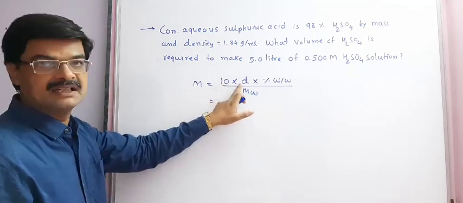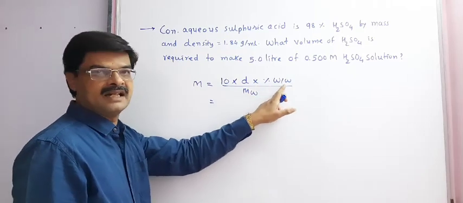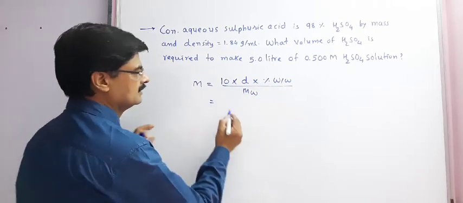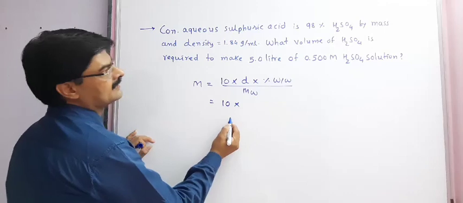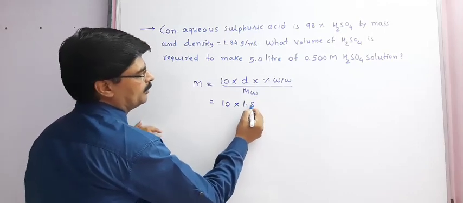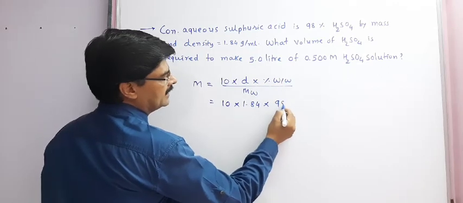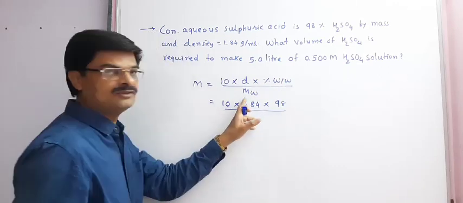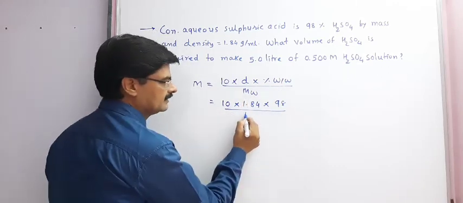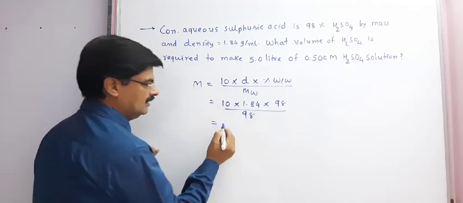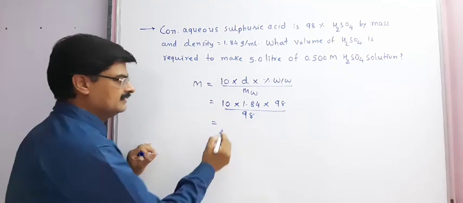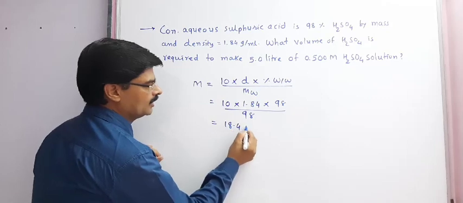10 into density into percentage strength divided by molecular mass. 10 into density, which is given as 1.84, percent W by W 98%, and molar mass of sulfuric acid is 98. On cancellation, we will get 18.4 molar.